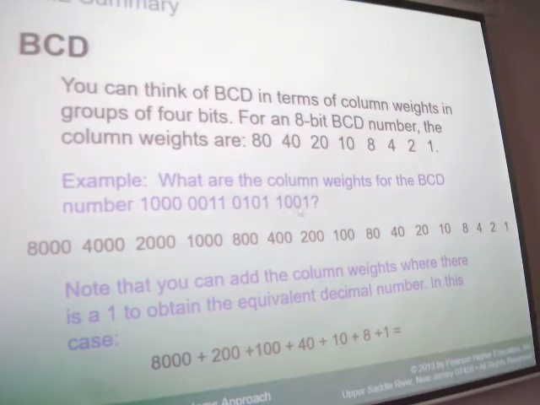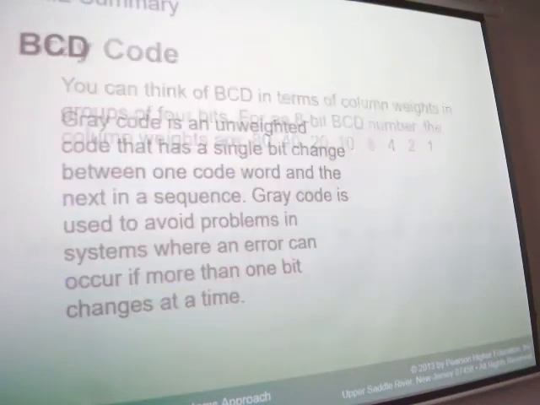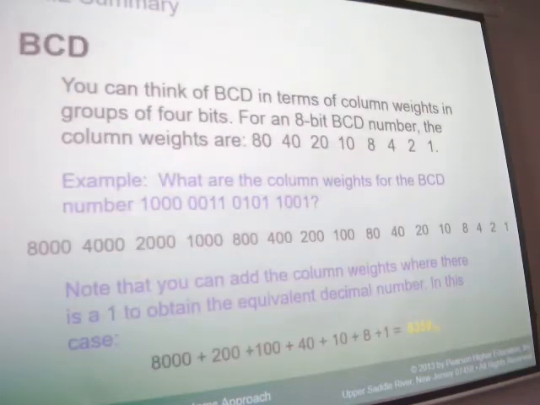And this is 10. This is 10. This is 40. The weight of this position is 40.